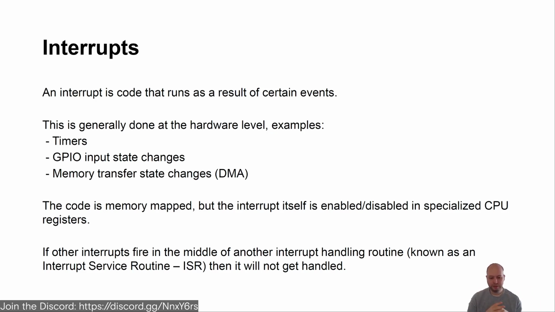And again, all this stuff is actually done in specialized CPU registers. A lot of this stuff is hardware level stuff. And so you can disable or enable timers and other capabilities of the CPU by way of specialized registers. And so what you do is you set the value of these registers. And what's really interesting about this is the registers are not always actually registers. Sometimes they're memory mapped, so it's just a particular piece of memory that it dedicates to that particular thing, but many times it is just a register.